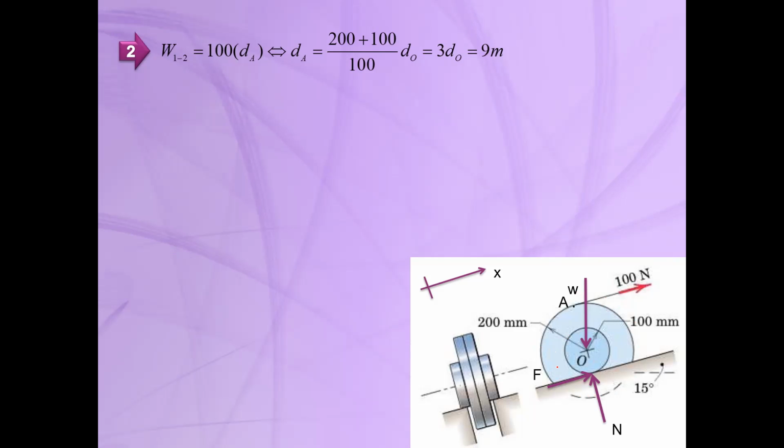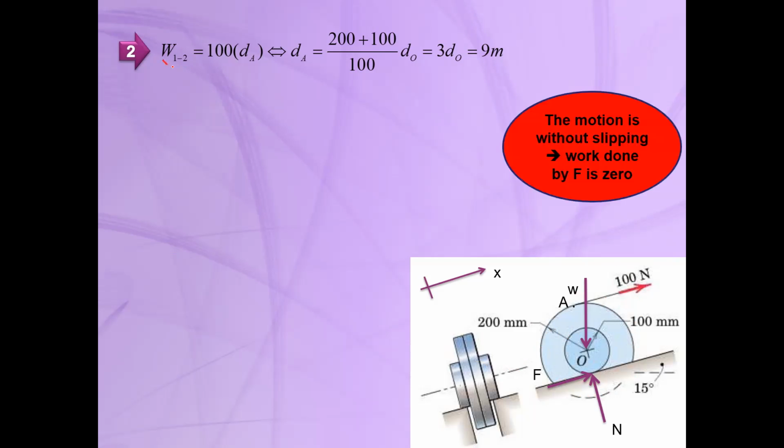Here in this system, we know that the work done W1 to 2 is the work done by the external forces other than the weight or a spring force. So we should neglect the weight of the wheel, and we will have three external forces, which is 100 Newton, the other one is N, and the other one is F.